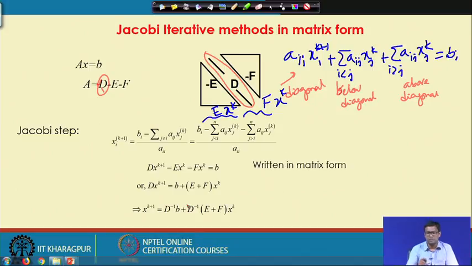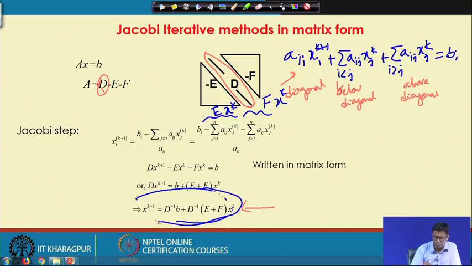So, this step is not basically a matrix inversion step, rather a simple algebraic step, one operation to find out x_(k+1). So, nevertheless, this is the matrix representation of a Jacobi step.